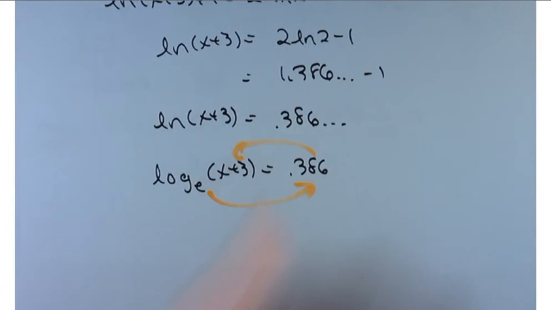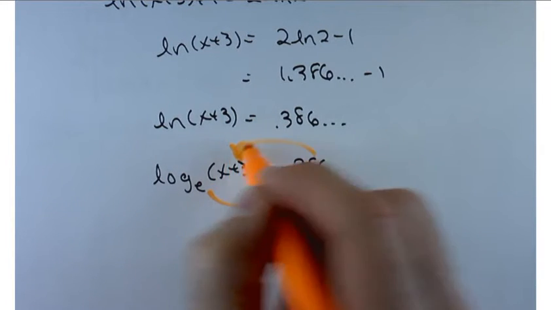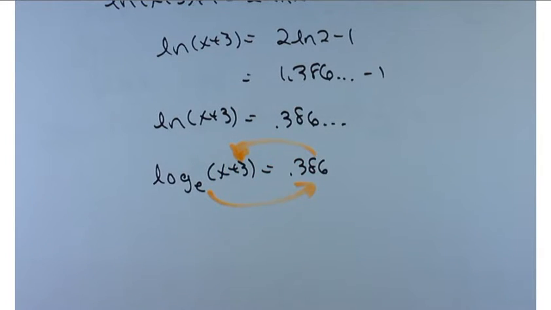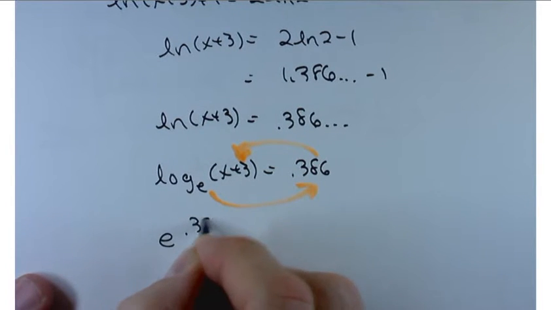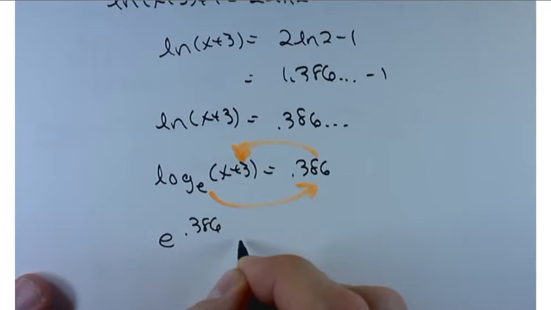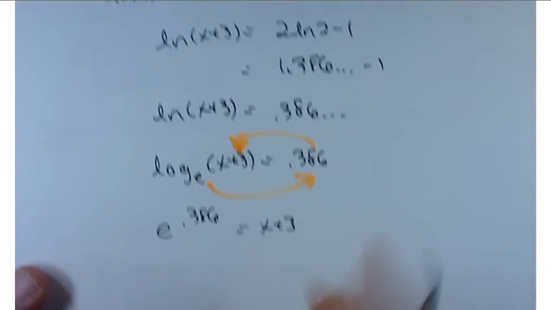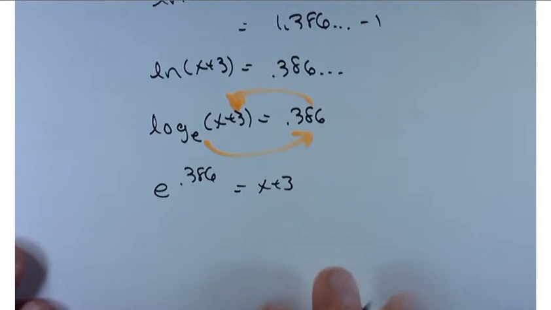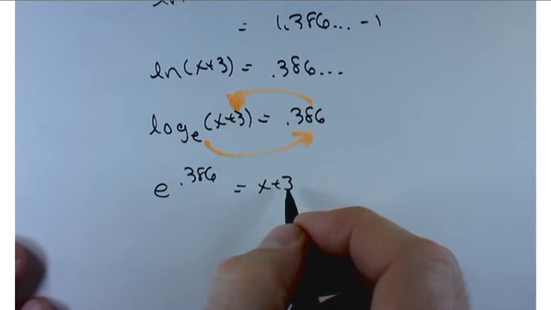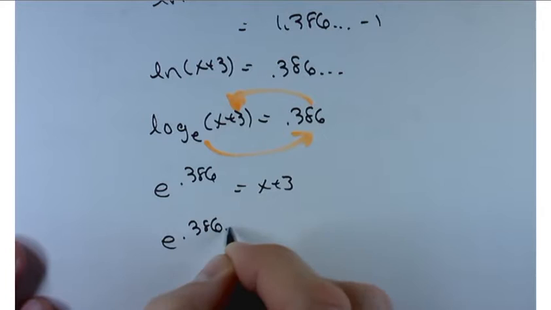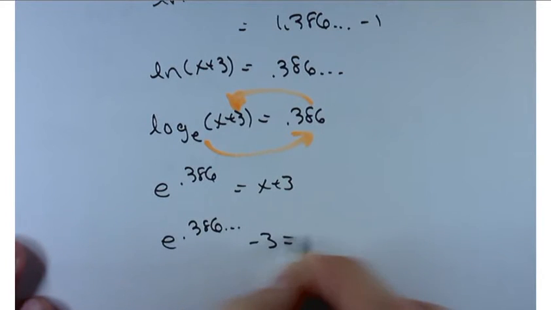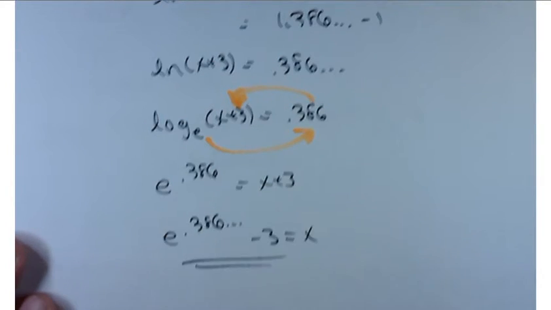So e to the 0.386 equals x plus 3. Last but not least, I'll subtract 3 from both sides. E to the 0.386, etc. minus 3 equals x. And that should be the point where the slope of the tangent line matches the slope of the secant line.